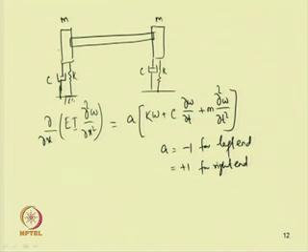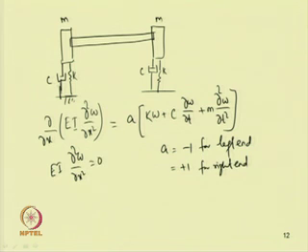If one takes the left side, the shear force will be negative. Also, in addition to this, the bending moment will be equal to 0. So, one can write E I del square W by del x square equal to 0.